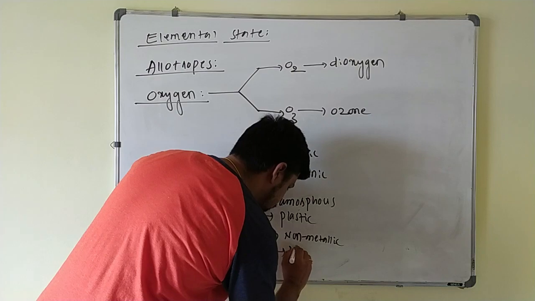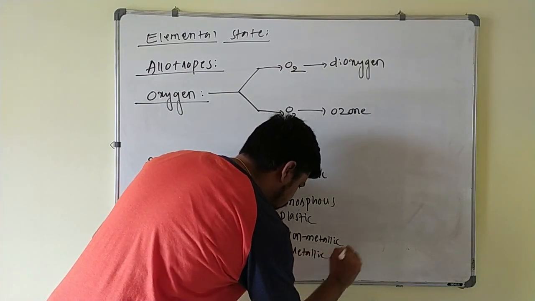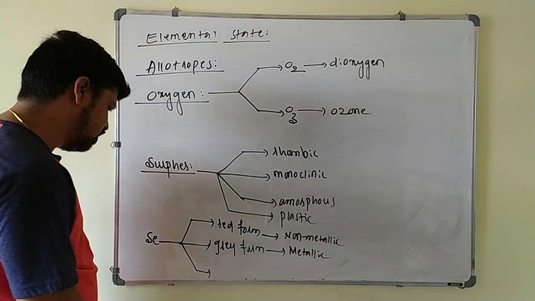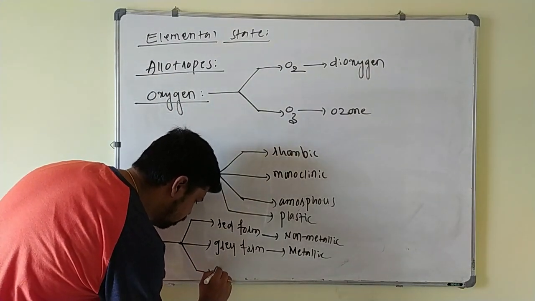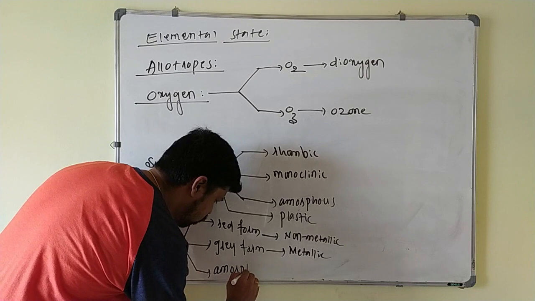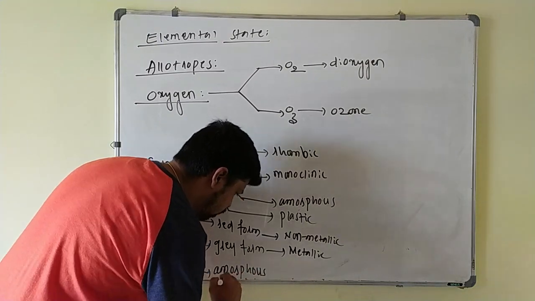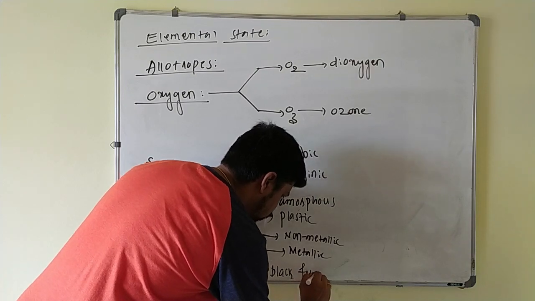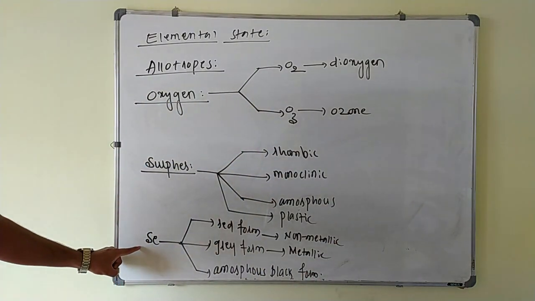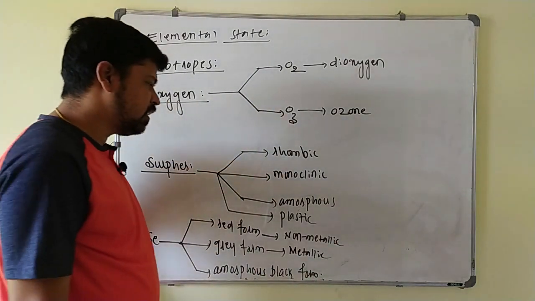Gray form is metallic in nature. And the last one is the amorphous black form. These are the allotropes of selenium. This is sulfur and this is oxygen.